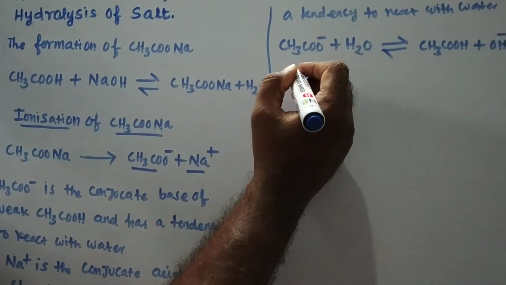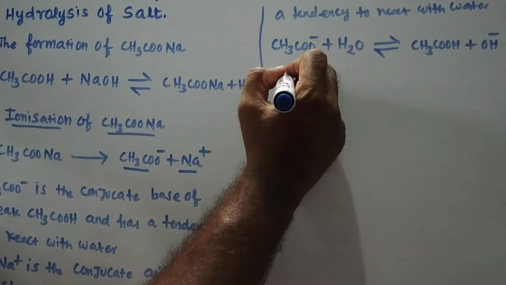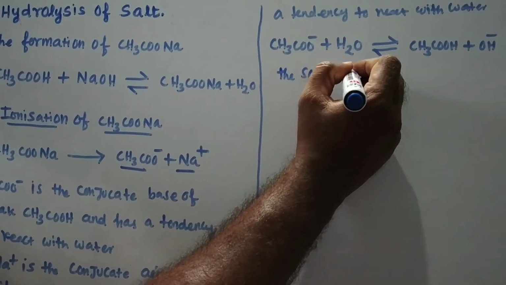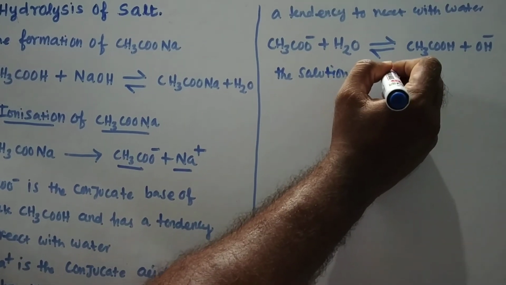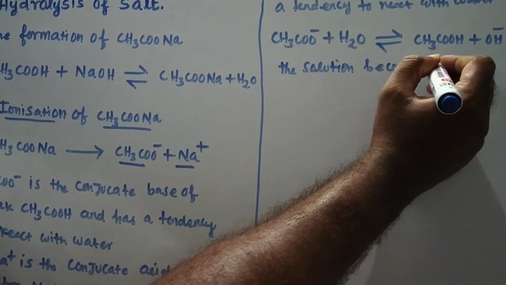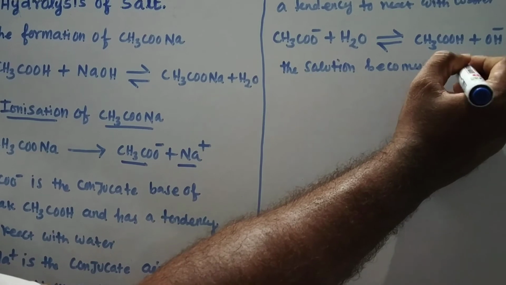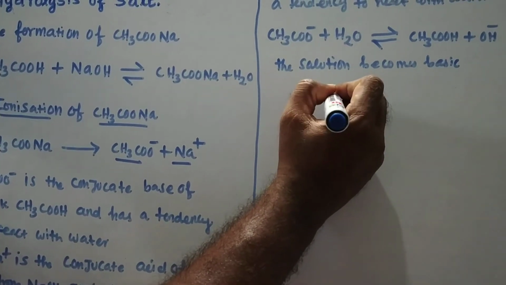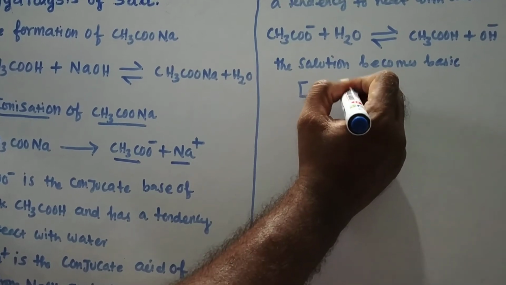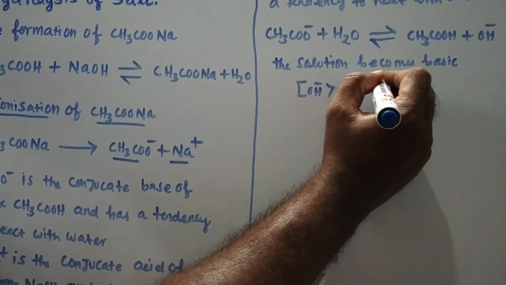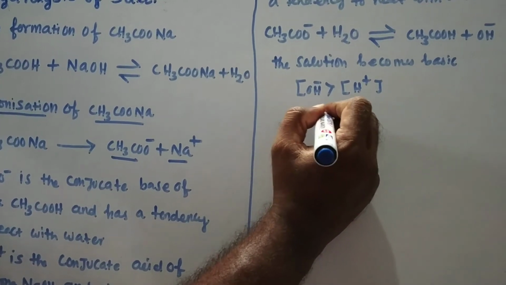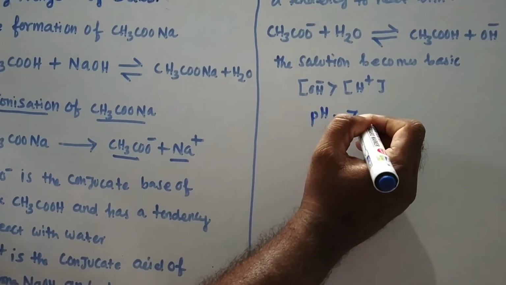Due to this, the solution becomes basic. So the concentration of the hydroxyl ion is greater than the concentration of the H plus ion, and also the value of pH is greater than 7.